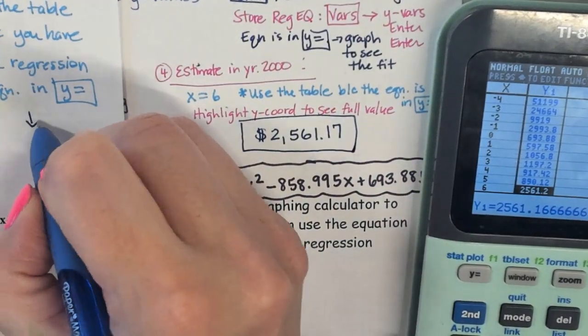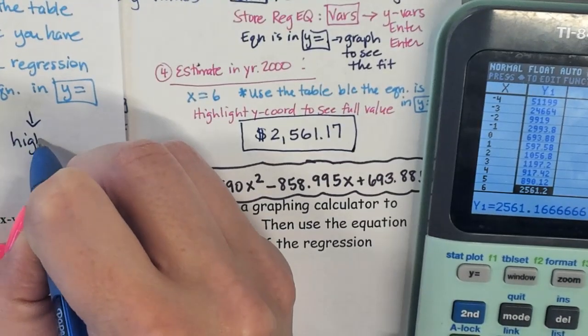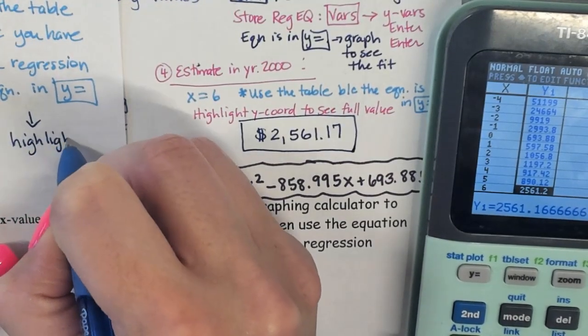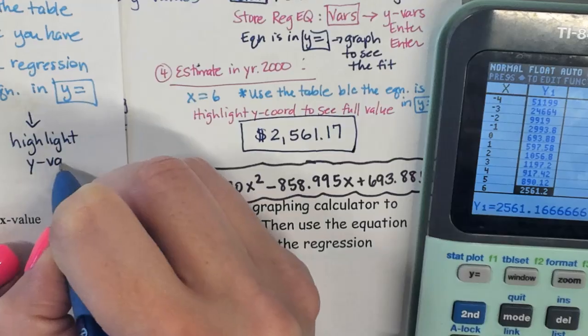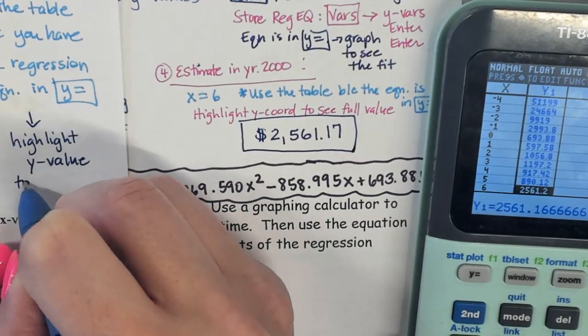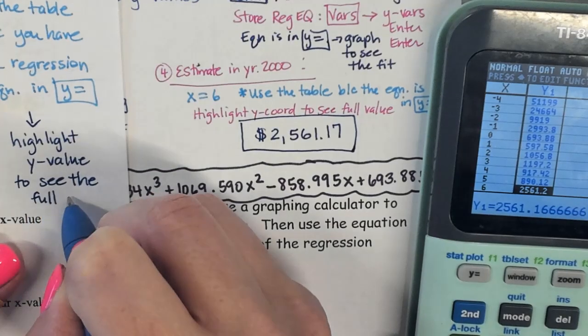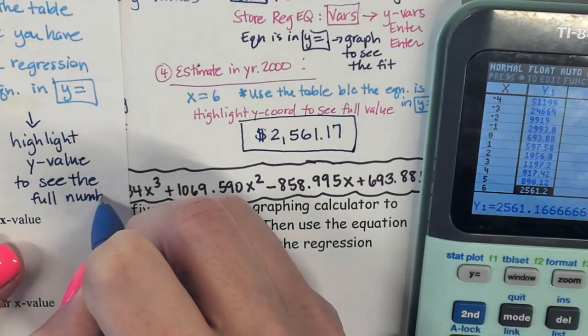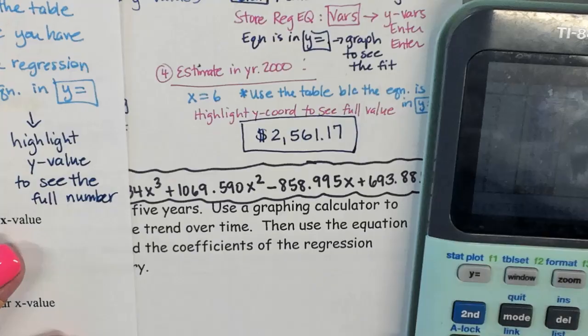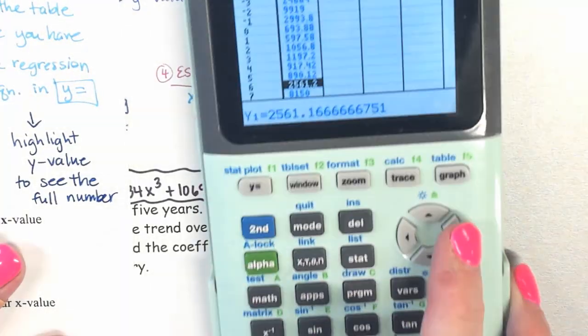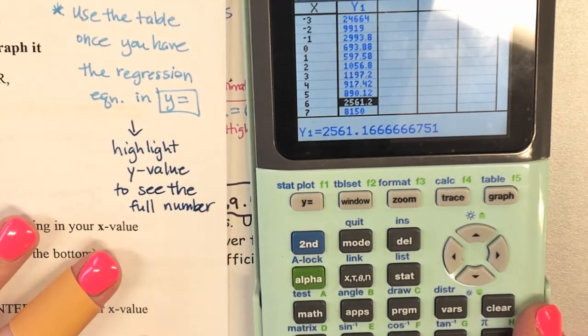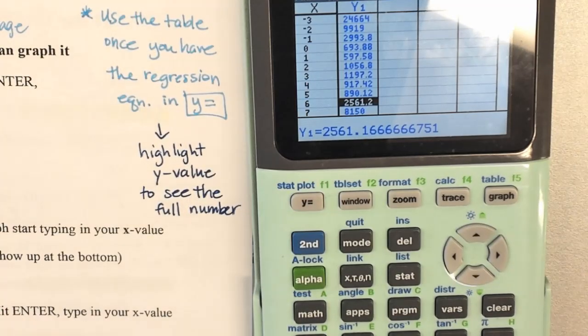Use the table, and we're going to highlight the y value to see the full number. In the table it will round it, so we want to make sure that we can see that full number below.